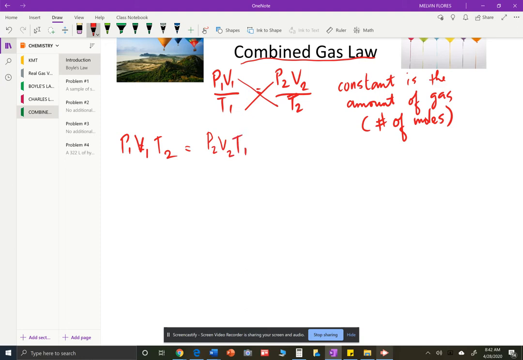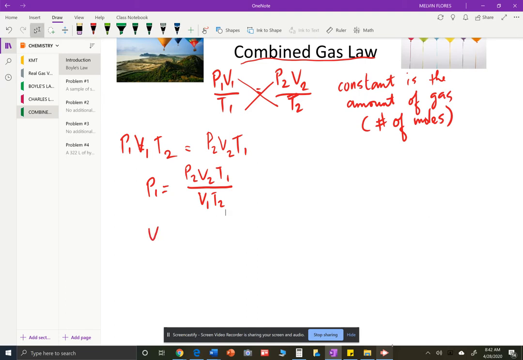So for example, if you're looking for P1, your formula will be P2 V2 T1 divided by V1 and T2.